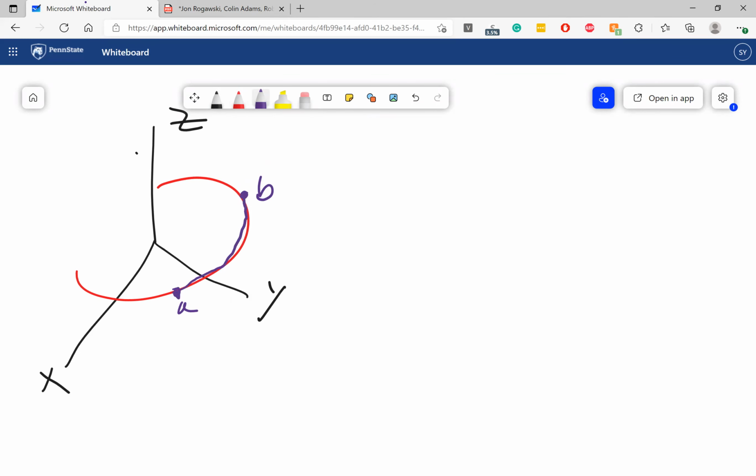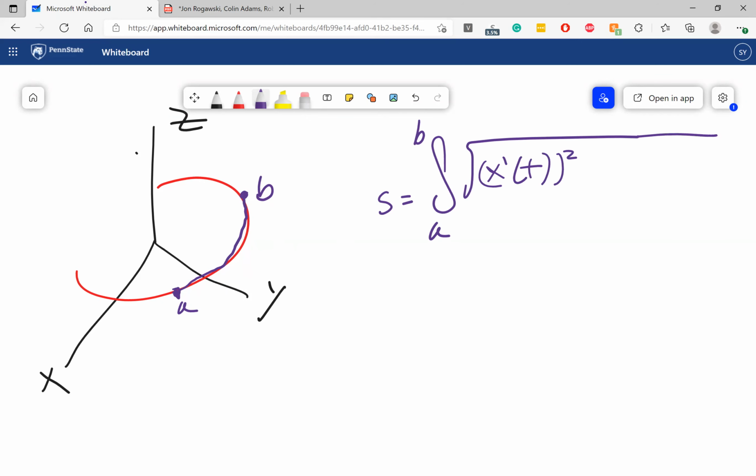We give that S. That's the length of this curve from A to B. And we were told that that's the integral from A to B of the square root of x prime of t squared plus y prime of t squared plus z prime of t squared.